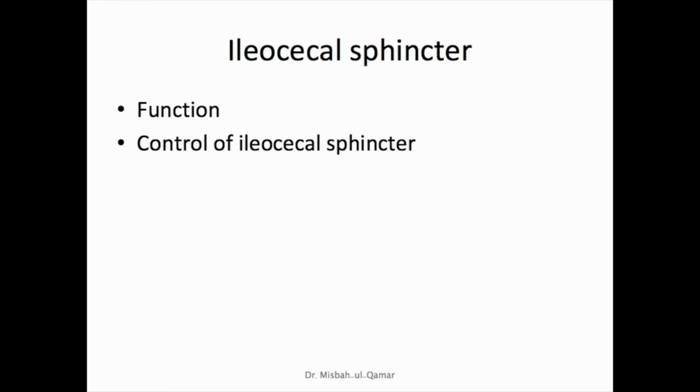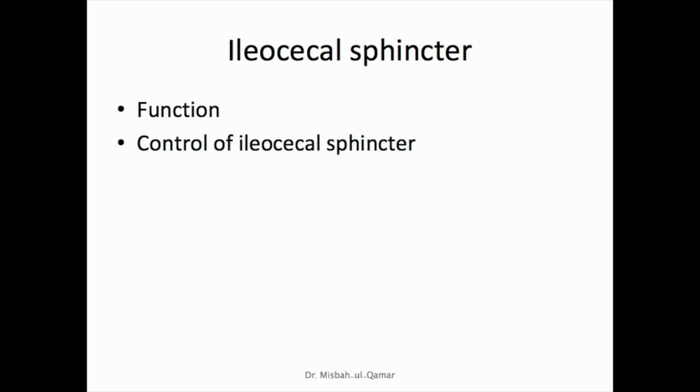Control of the ileocecal sphincter is exerted by reflexes from the cecum due to distension or irritation of the cecum. In case of distension, the contraction of the sphincter is intensified and ileal peristalsis is inhibited to delay emptying of chyme.